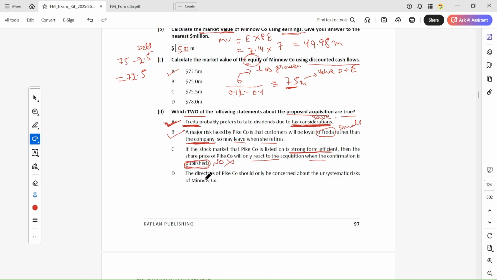Next, the directors of the company should only be concerned about the unsystematic risk, which can be diversified.